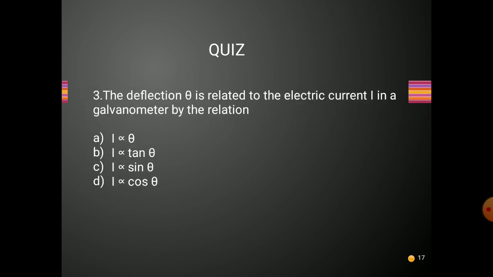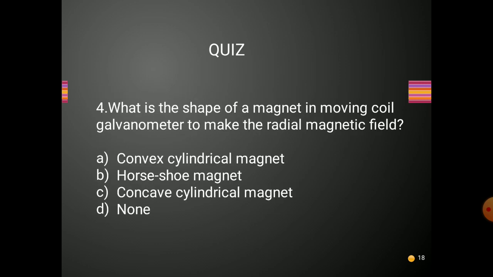The deflection theta is related to the electric current I in a galvanometer by the relation: I proportional to theta, tan theta, sin theta or cos theta. It is proportional to theta, simply proportional to the angle of deflection. So A is the correct answer.